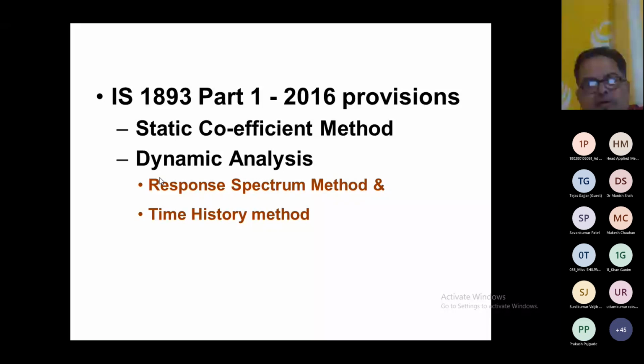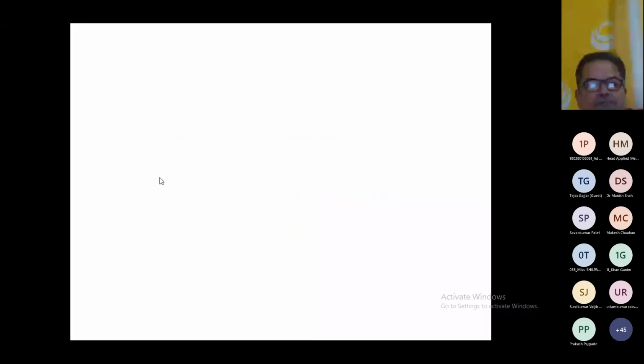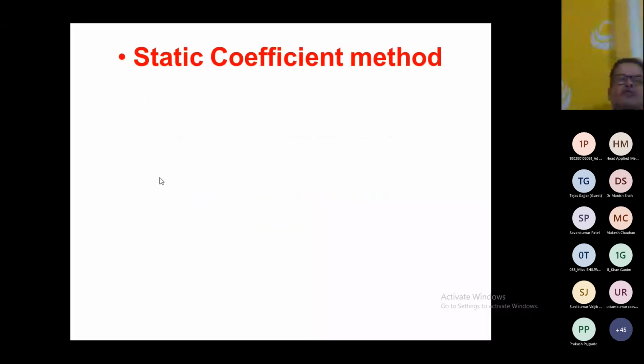So we have two types of methods: static coefficient, you can say the seismic coefficient method, and the other is dynamic analysis, by the response spectrum method or time history method, right? So we'll first discuss the static coefficient method, right?